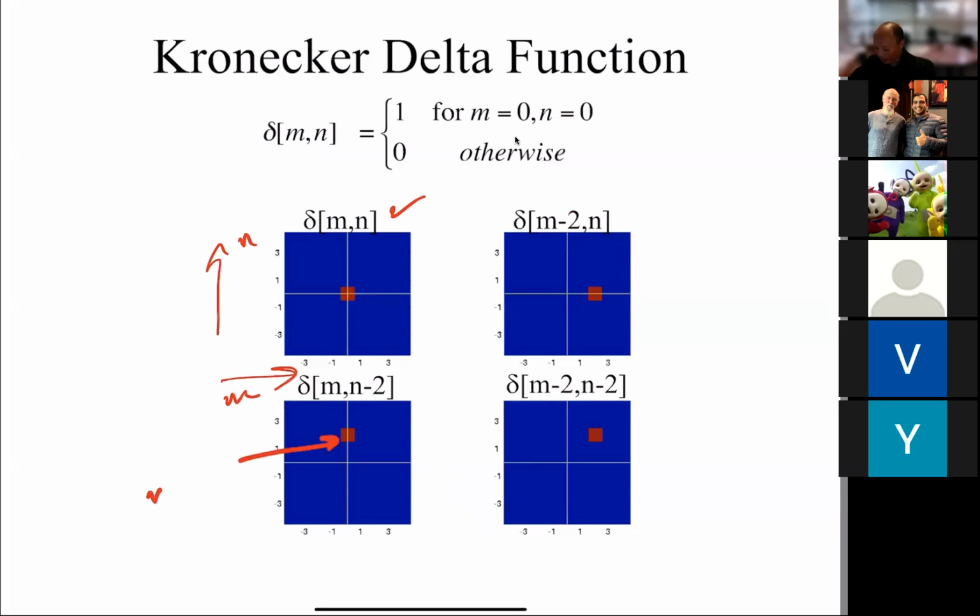Now this has a value at n equals 2, because at n equals 2 is when this argument goes to 0. So if I have that argument on the second argument n, that shifts the delta up. If I have n minus 2, then that's going to shift it that way by 2 units. And if I have m minus 2 and n minus 2, then it shifts it up 2 and over 2.